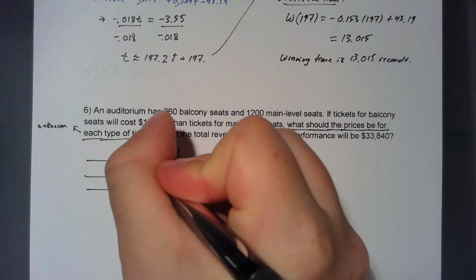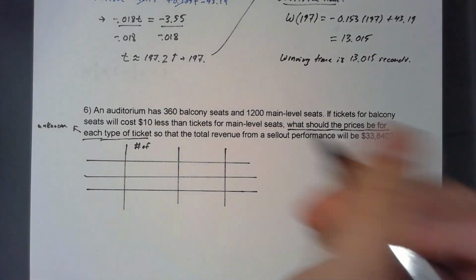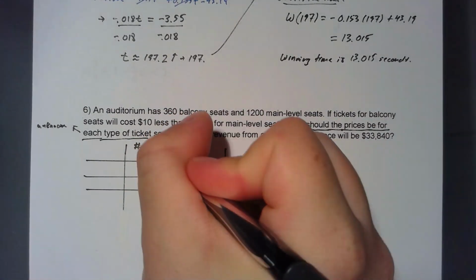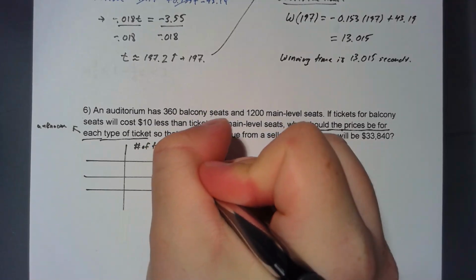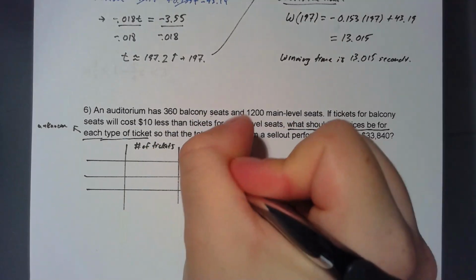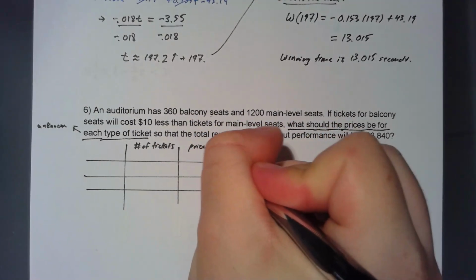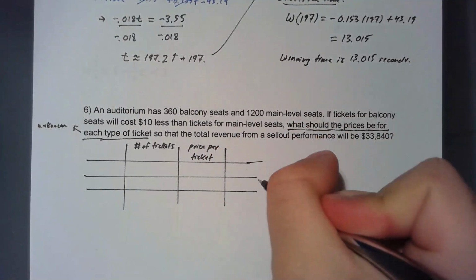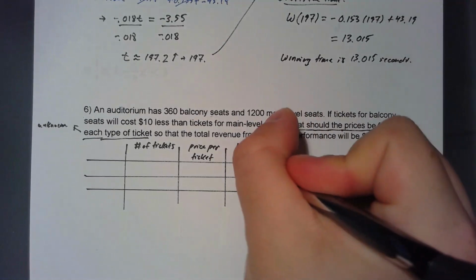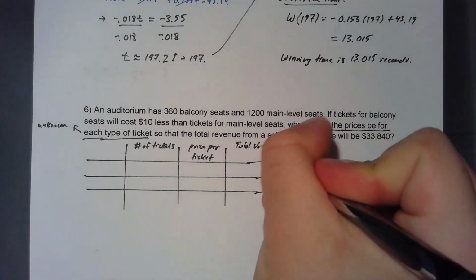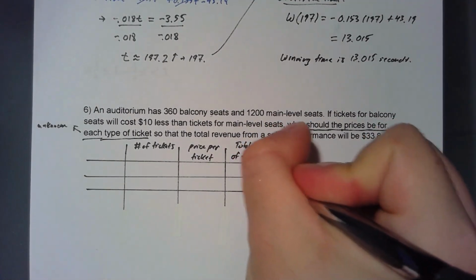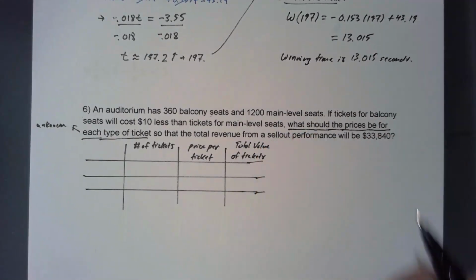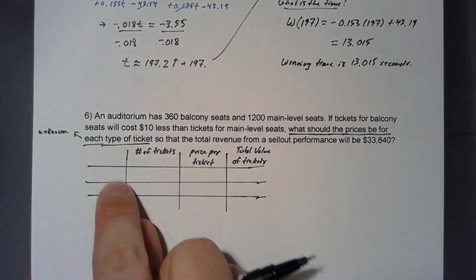This is the number of tickets. This is the price per ticket. And this last column is the total value of tickets.